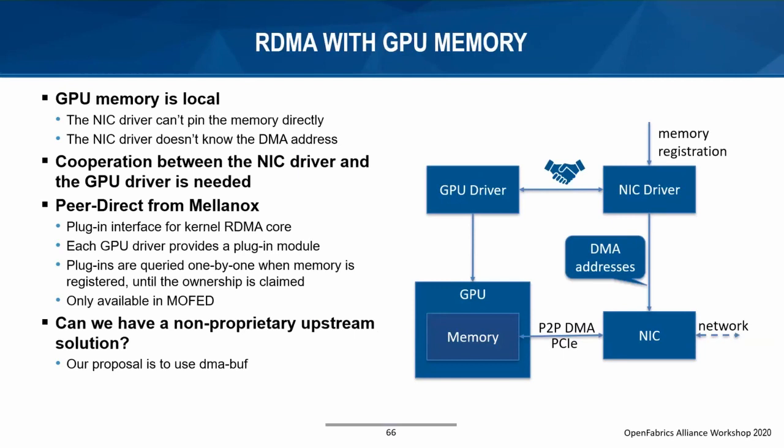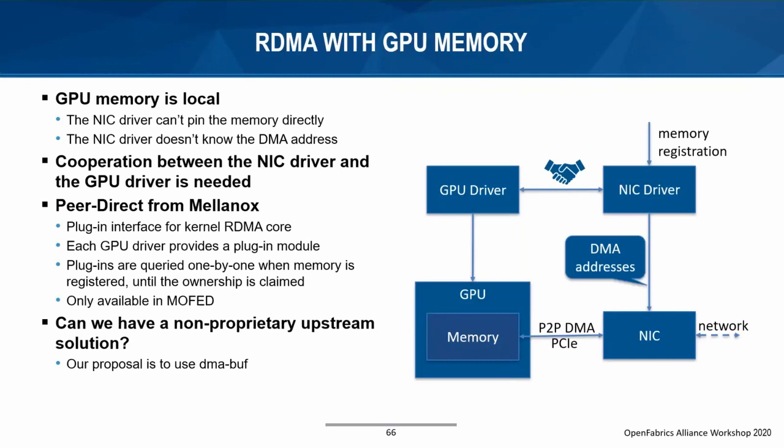The NIC can use this information to do a DMA transaction with the GPU memory. Because both the NIC and the GPU appear as peers on the PCIe network, this is a peer-to-peer DMA, which is different from using system memory.